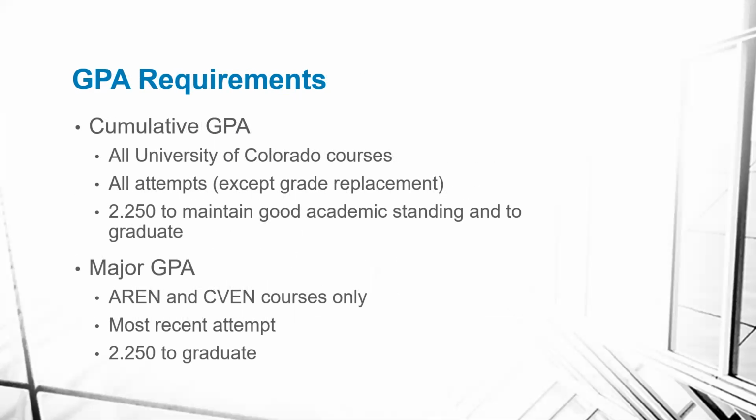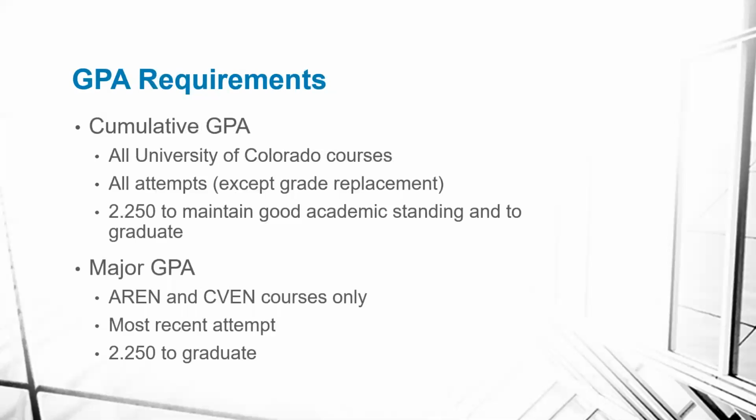In addition to passing all of the courses that are required for your degree, you also need to meet 2 GPA requirements. The one you're most familiar with is probably your cumulative GPA. Your cumulative GPA includes all University of Colorado courses taken at any campus.